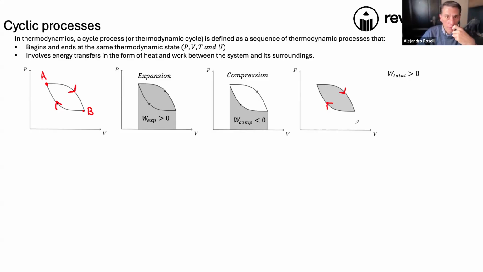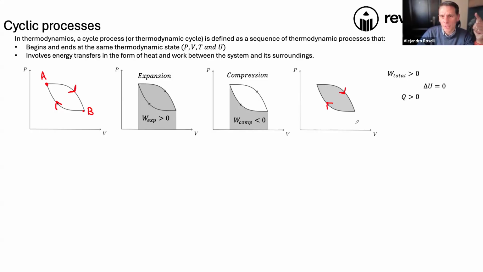So we have a total amount of work that's positive, meaning this system is doing work on the outside. But there's no variation of internal energy after one turn through this loop because the system goes back to the same temperature, pressure, and volume. Everything's the same after one turn around this loop.